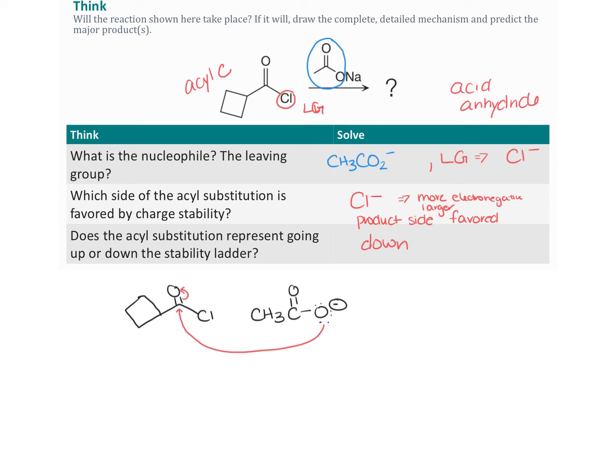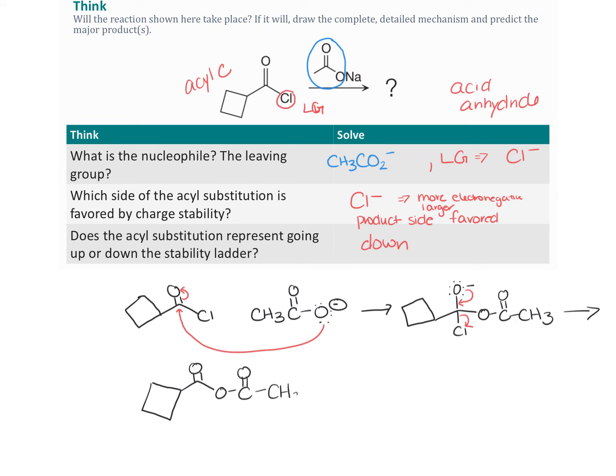Those electrons are going to go there. Now we're going to go through a tetrahedral collapse, where chlorine is going to be our leaving group. And there we are. And so that's our product.